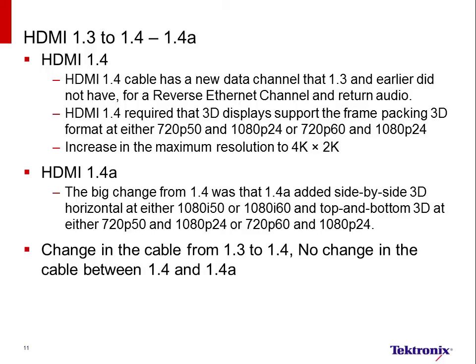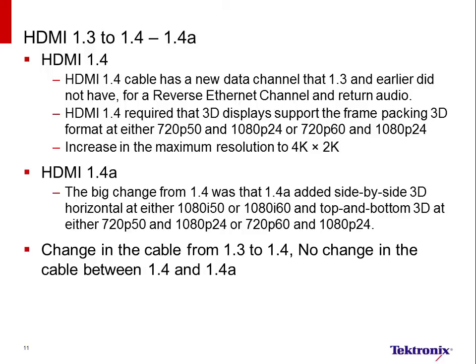One of the unique things that we have found, though, is that even though this extra wire is not required for the support of 3D, only for the return audio channel, most set-top boxes look for that pair, since that extra wire was added at the same time that support for 3D was added.